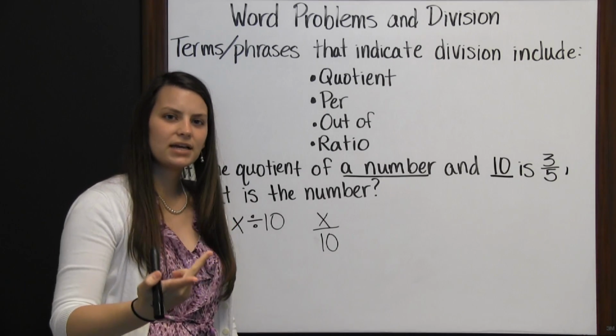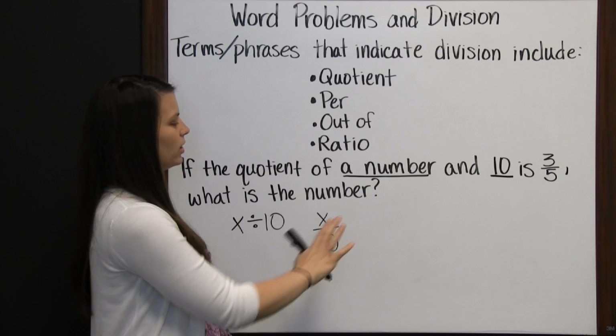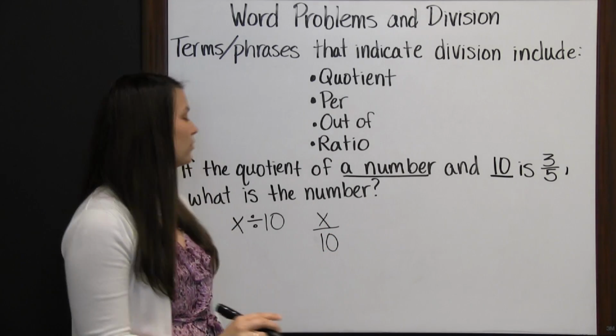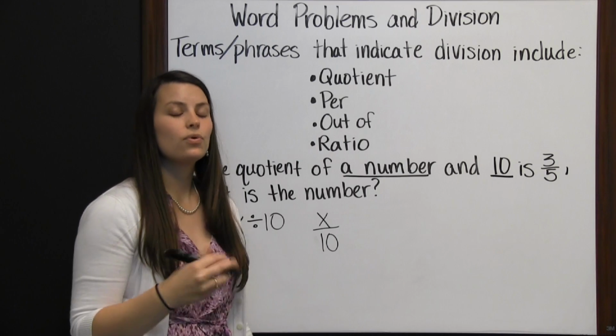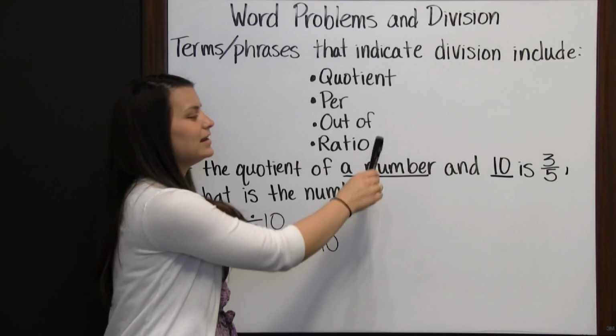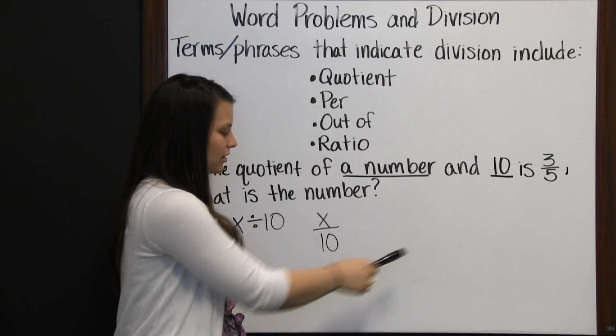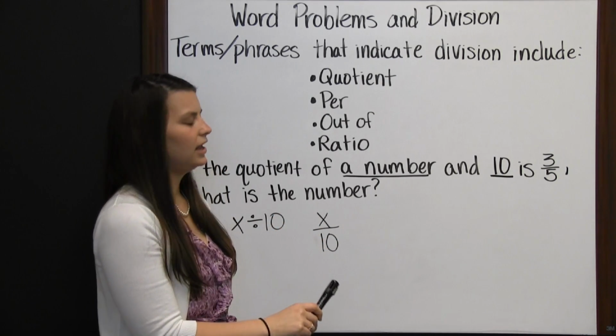If we reverse it to do 10 divided by x, then that is not what is written here in this problem. That would be if the quotient of 10 and a number. So order is very important. Since it was written if the quotient of a number and 10, then we must have that number first divided by 10.